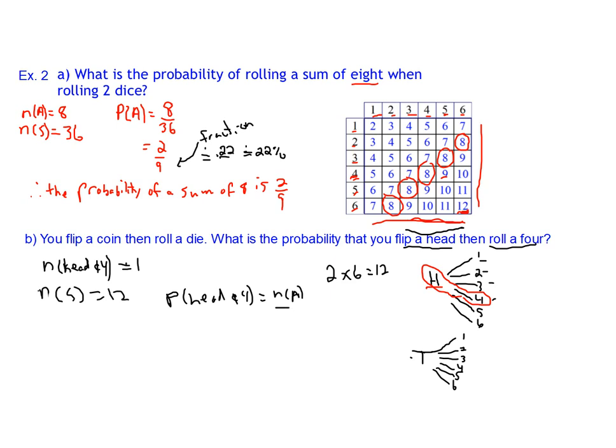This equation is crucial when we talk about probability because this is how we find probabilities. The hard part is just finding out what NA is and what NS is. So in our case, the number of desired outcomes was 1 and the total number of outcomes was 12.